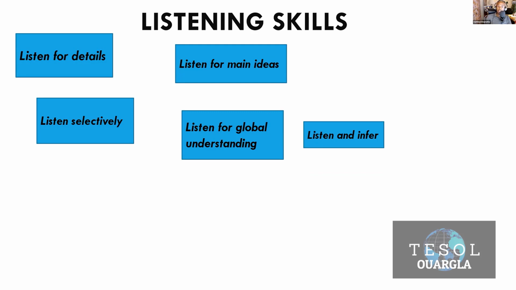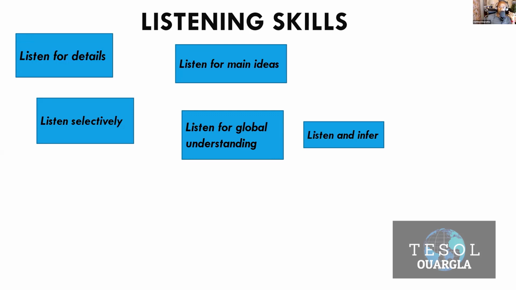And then we listen and infer, something that Fadia has talked about a little bit in the reading. And this is why I said that I'll try to relate some of what has been said earlier in the 2 or 3 sessions to what we have today together.